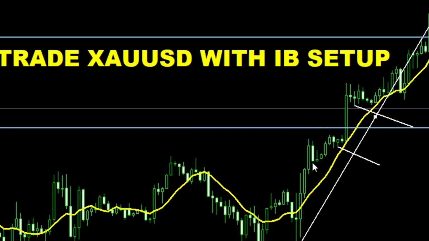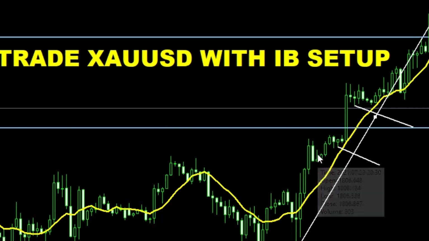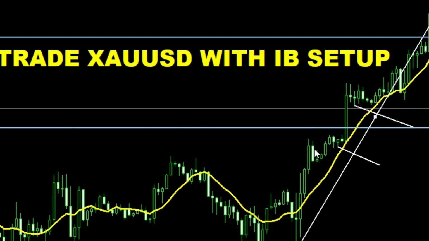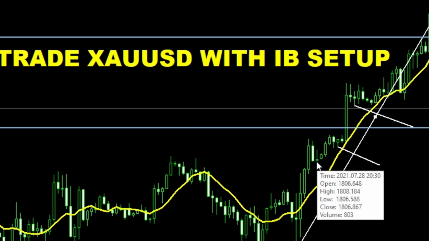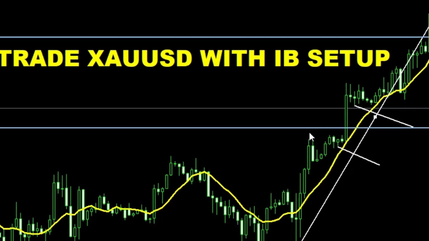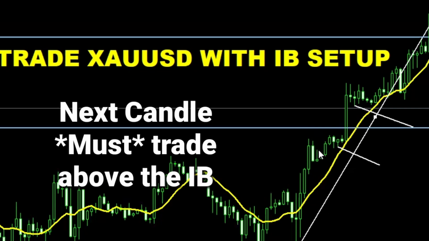So this white candle is supposed to be our IB, inside bar, the candle that is inside other rising candles. It's inside because it could not break, so it made it inside. If that happened, the next thing we are supposed to look for is the next candle that is going to form after this inside bar candle. That candle that is going to form next, which is this one, is supposed to trade above this white candle that is called inside bar. It is only when it trades above it that we actually make this candle inside, truly.